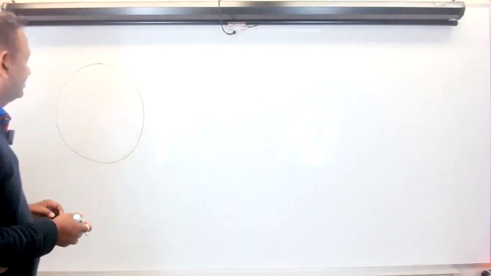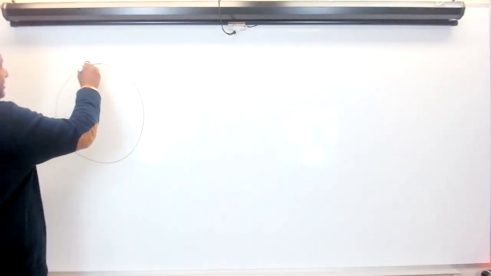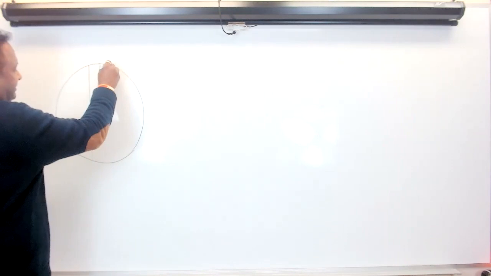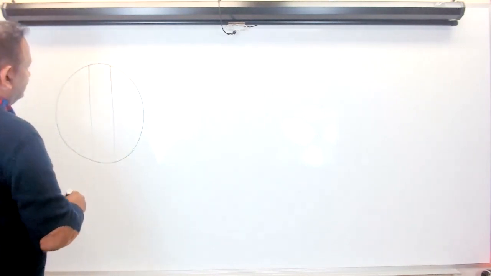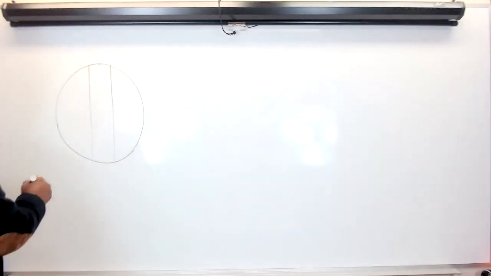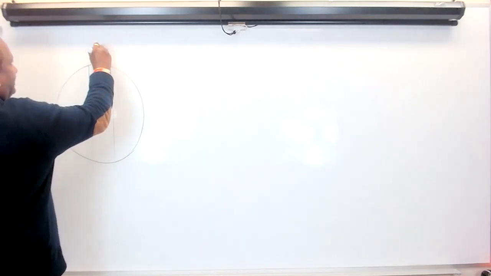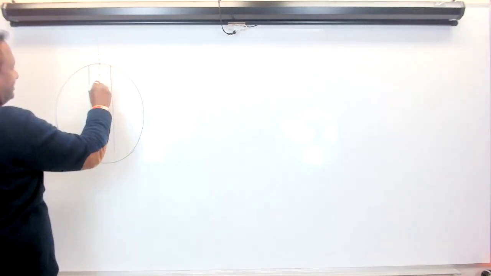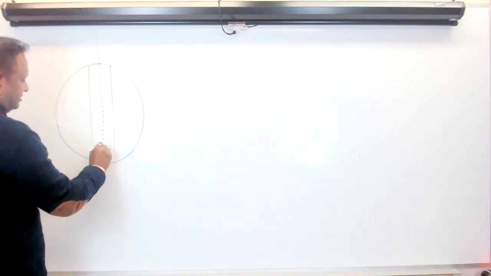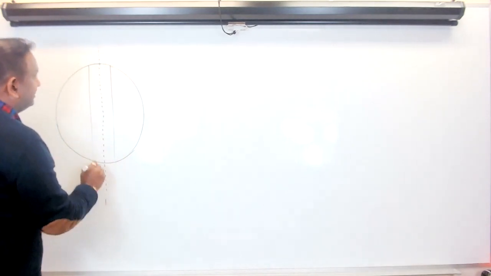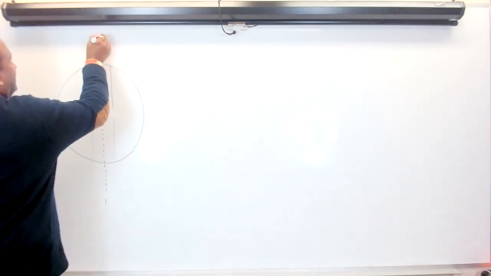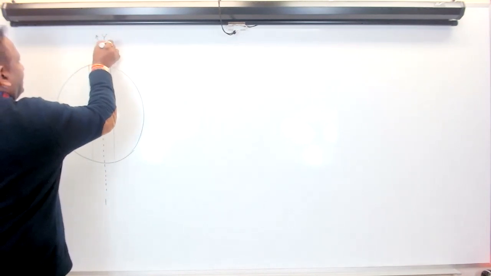From this one, you have taken out a cylinder from the center. See, this is my axis of symmetry. If you want, I can call this my y.